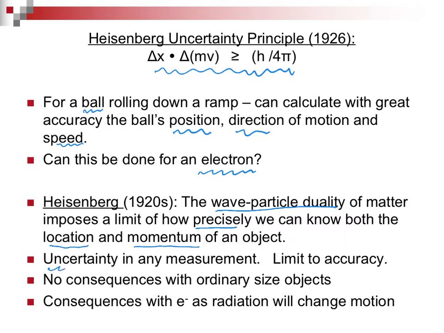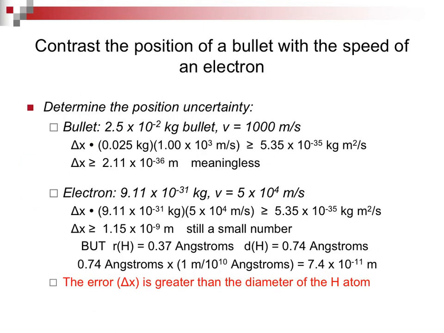Now, I hope by now you've realized there's uncertainty in all the measurements that we make, and there are also limits to the accuracy. And for the most part, we don't have consequences with ordinary size objects. But when we take it down to the electron, that's when we're going to have to deal with some things we never had to before.